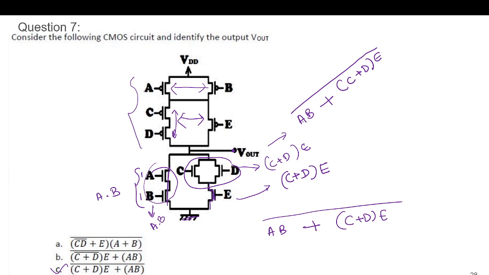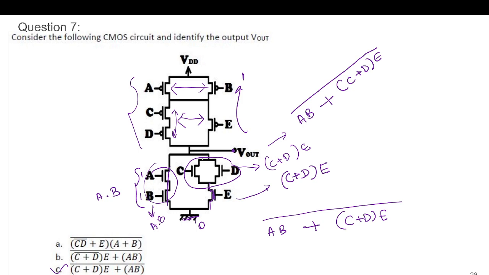So for writing the equation, you can take either the pull-up or pull-down network. For the pull-down network, this will be the procedure. So we can consider any of them. This will be providing a path to 0, and the same way this will be providing a path to 1.